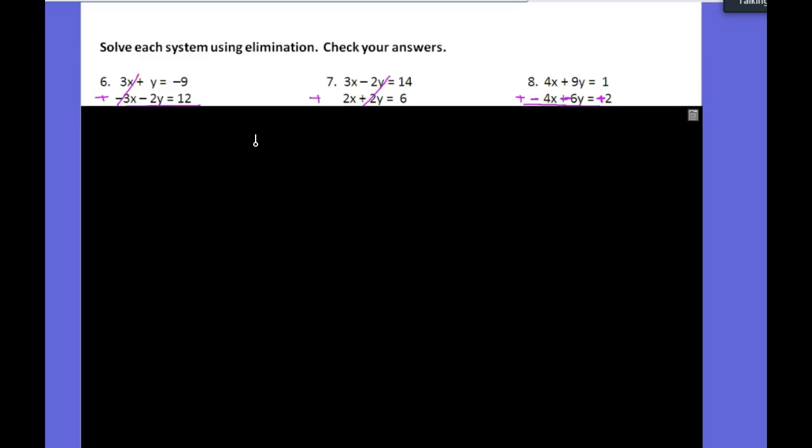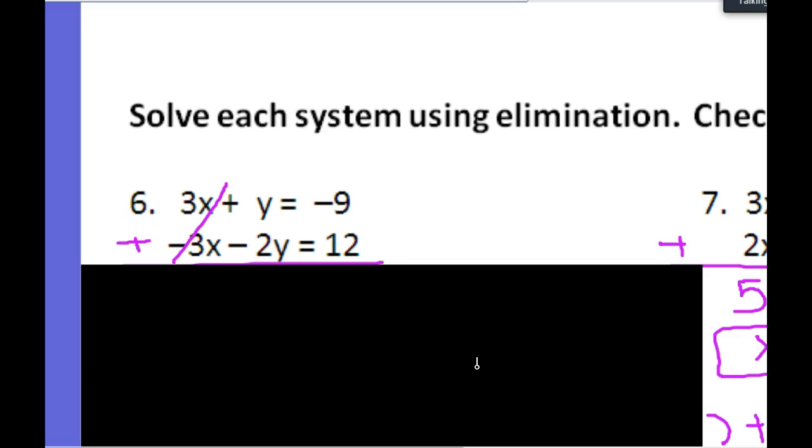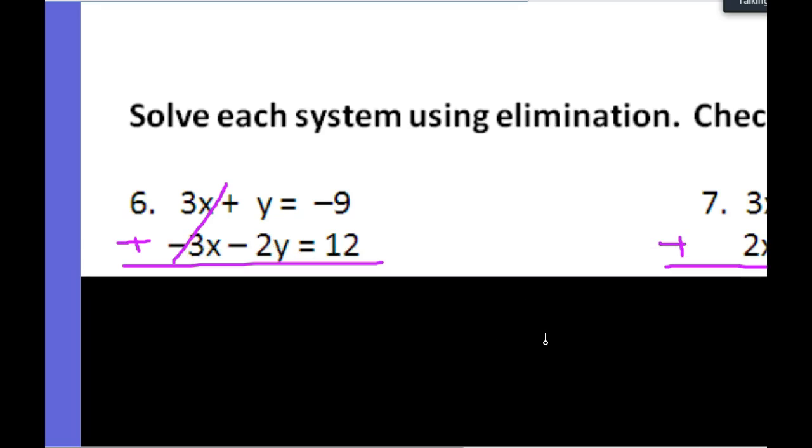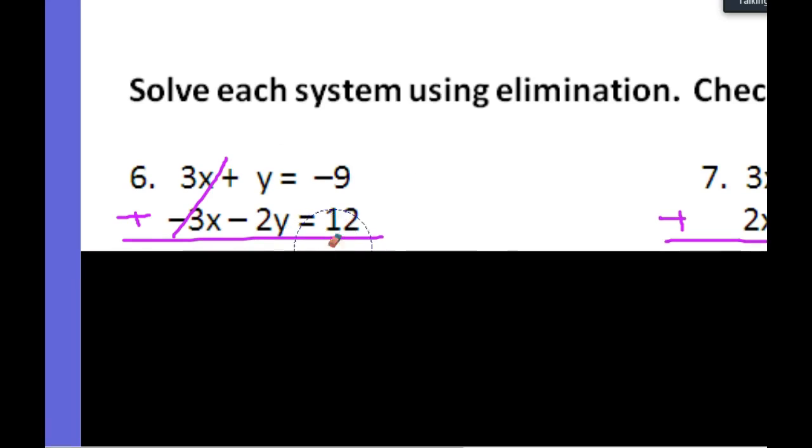So for today, we're going to focus on something called elimination. We are going to essentially eliminate a variable in each of our problems. So over here in number 6, when you look at these two equations, we're going to add them straight up and down.